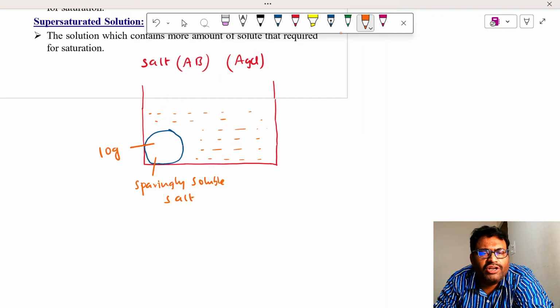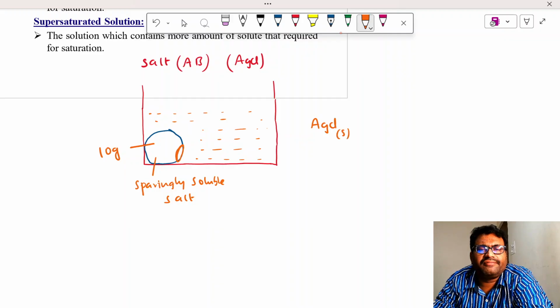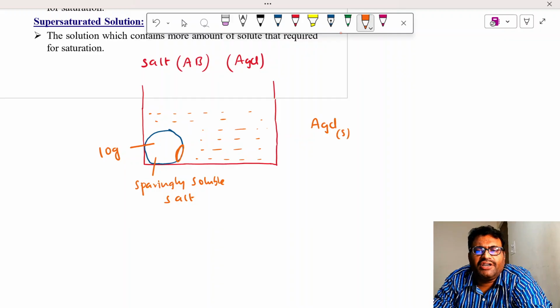Among these 10 grams, only 1 gram, only this part, is dissolved. So I am taking AgCl solid, and among these 10 grams, how much is dissolved here? AgCl aqueous.